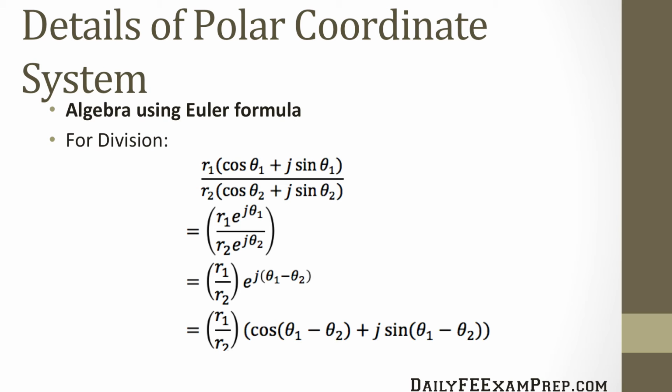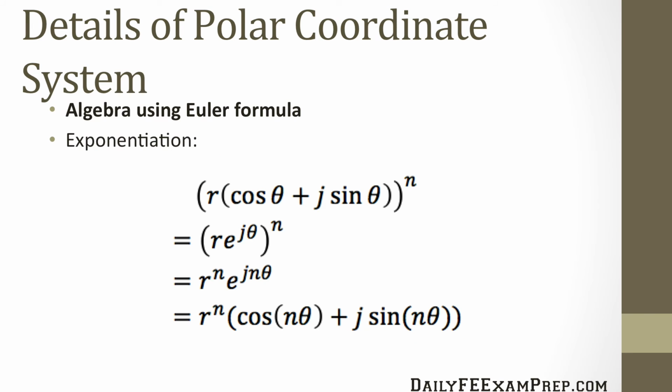And that simplifies down to r1 over r2 times cosine of theta 1 minus theta 2 plus j sine theta 1 minus theta 2.